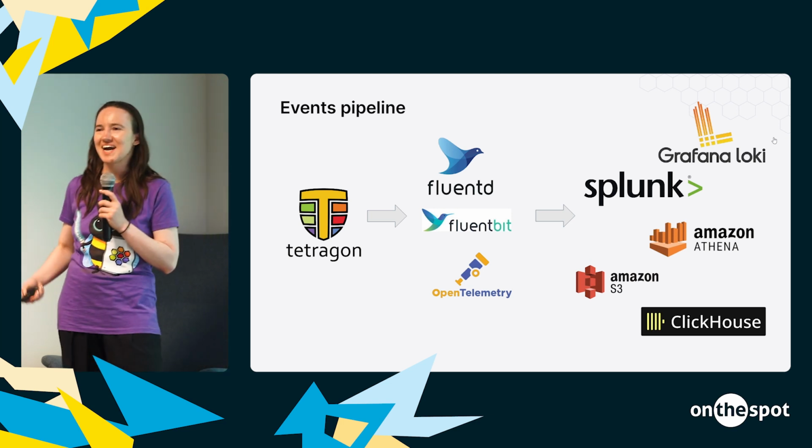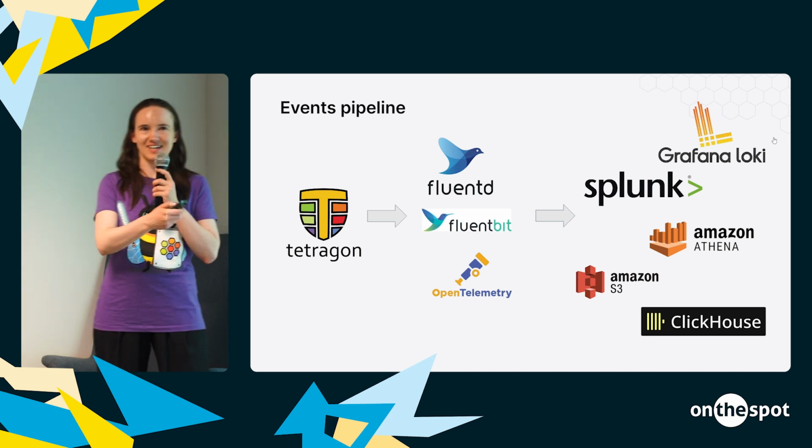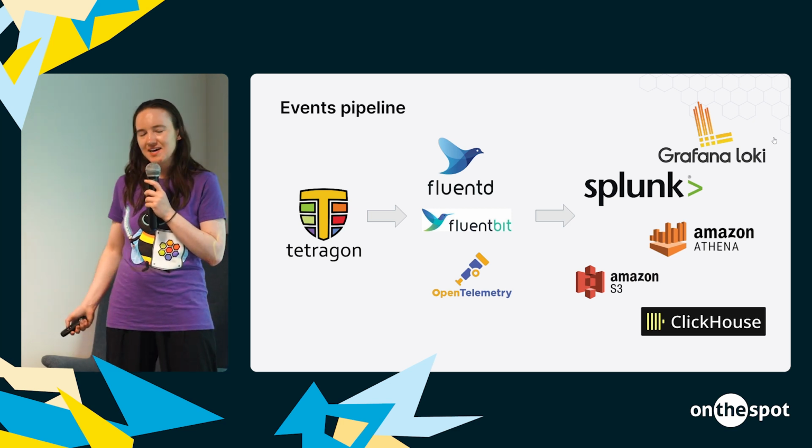Like most applications do some logging to standard output or to a file, but then there's a collector collecting logs, and then there's some storage. That's where you query and visualize the logs.